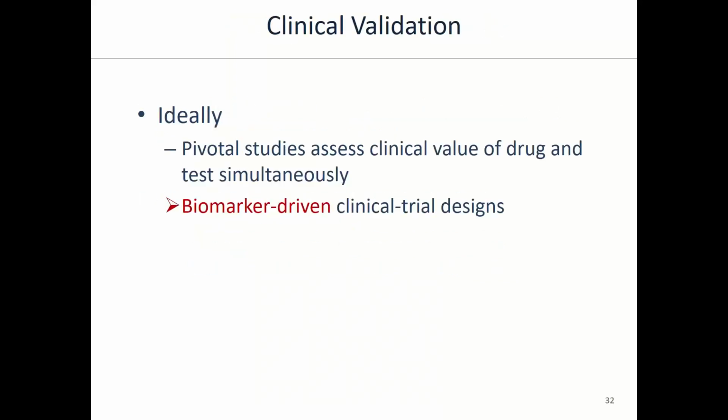So this was just a snapshot of some analytical validation characteristics, and let me now go to the clinical part of the validation. In the ideal case, the pivotal study that will assess the clinical value of the drug will also test the clinical value of the companion diagnostic simultaneously, and so we come to biomarker-driven clinical trial designs.